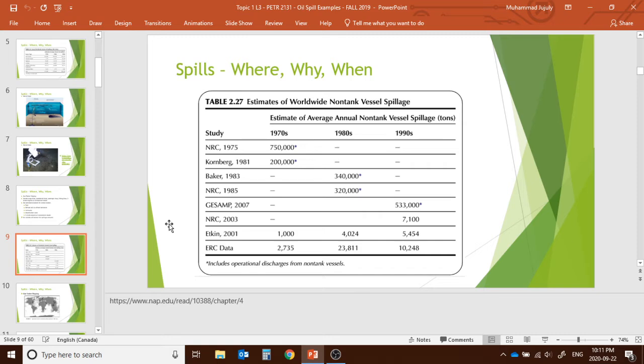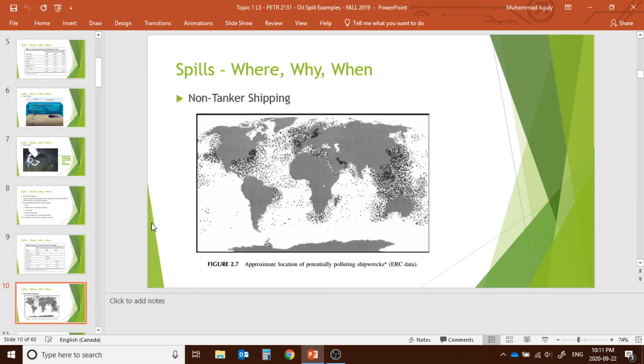So this is the number, and alarmingly this number was pretty high in the 80s and 90s. This is because the frequency was much higher, although the total volume is down, due to the higher volume of traffic. These are the non-tanker shippings, put in a graph.